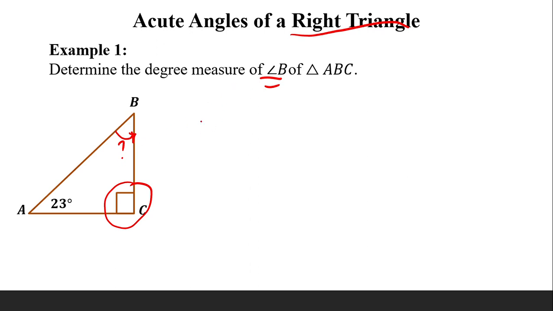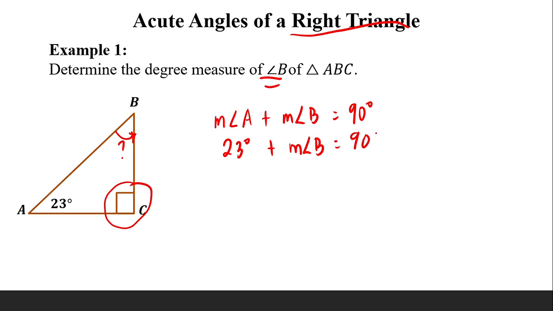By the acute angles of a right triangle theorem, measure of angle A plus measure of angle B is equal to 90 degrees. They are complementary. Measure of angle A is 23 degrees, plus measure of angle B, our missing angle, is equal to 90 degrees.